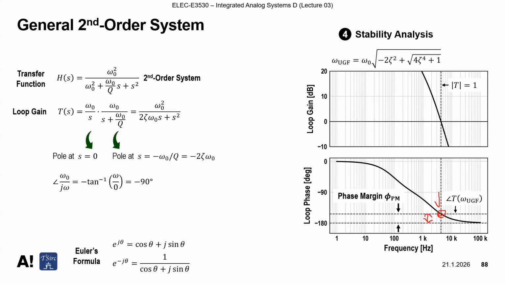For analyzing the phase, if you remember, for analyzing the phase of a plus jb, the phase of this complex number goes to arctangent b over a, right?